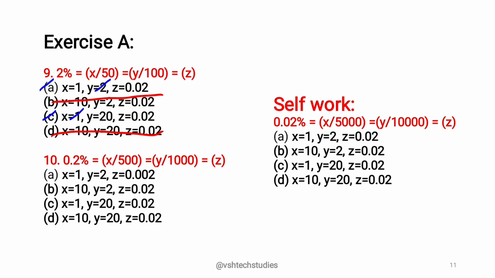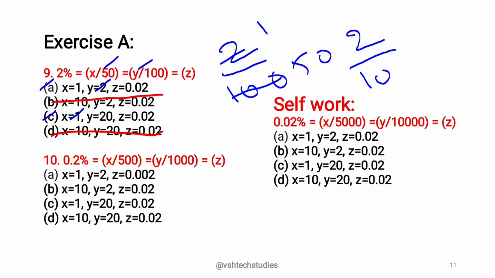Next, taking y equal to 2. So 2 upon 100. 2 ones are 2, 50s are 100, which is the same as 1 by 50, so 2 upon 100 is also equal to 2%. So y equal to 2 is correct. y equal to 20 is not correct.